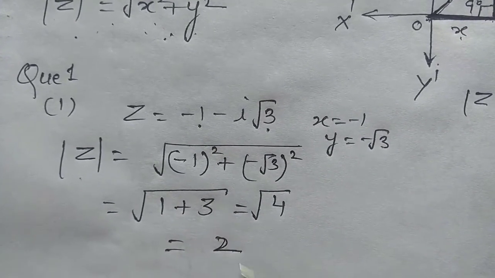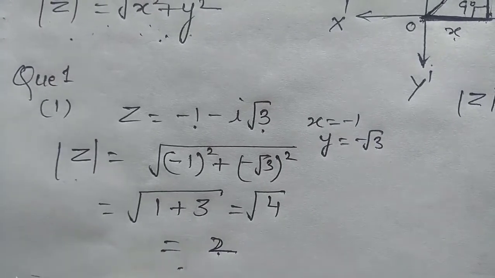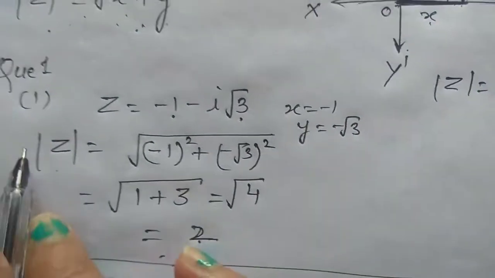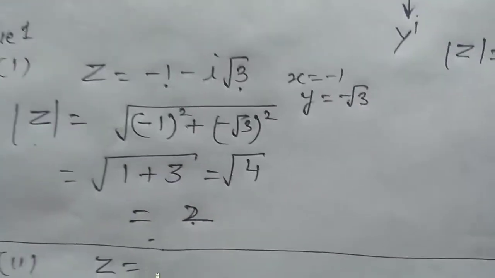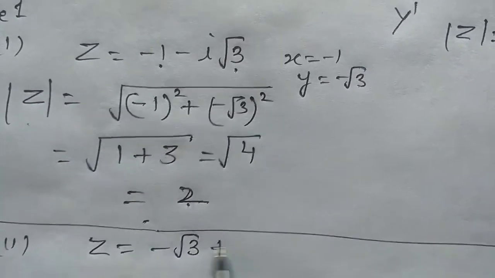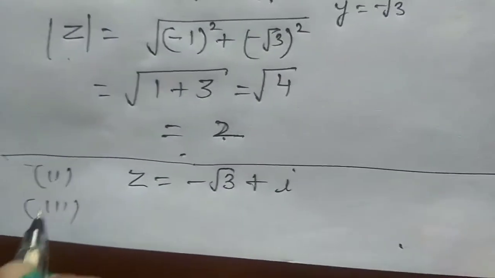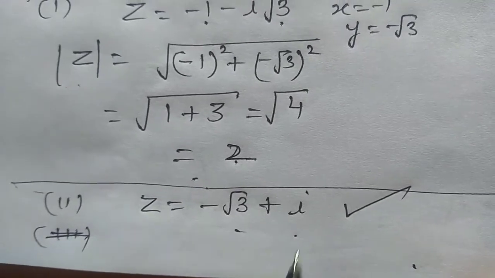Modulus is always positive; magnitude we always have to take positive. So the value is 2. You have to do the same for the second part and third part yourself. The second part is z is equal to minus root 3 plus iota, and the third part is similar. So you have to find the modulus of this complex number.